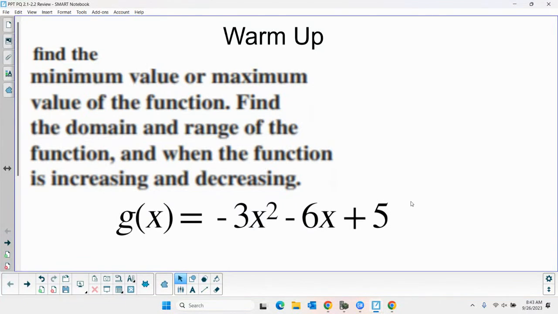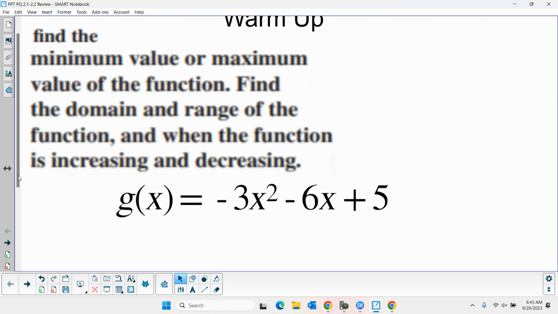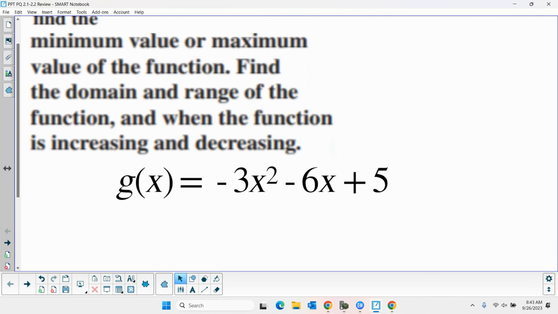All right. So, did anybody do the warm up? This would be like number 5 on our quiz, right? So, looking at this, does this open up or down?